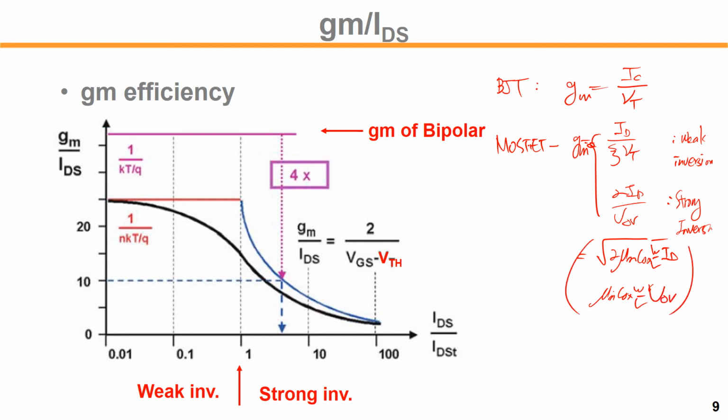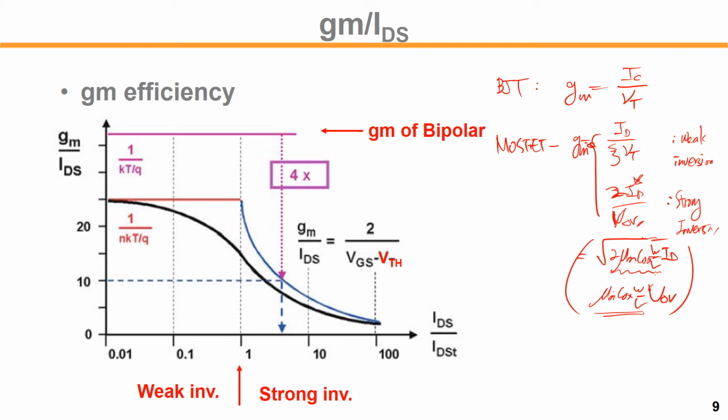Those two equations include mu n Cox and W over L, factors that depend on the process. We don't want to rely on process-dependent parameters. We want to rely on design parameters like the current ID and the overdrive voltage.